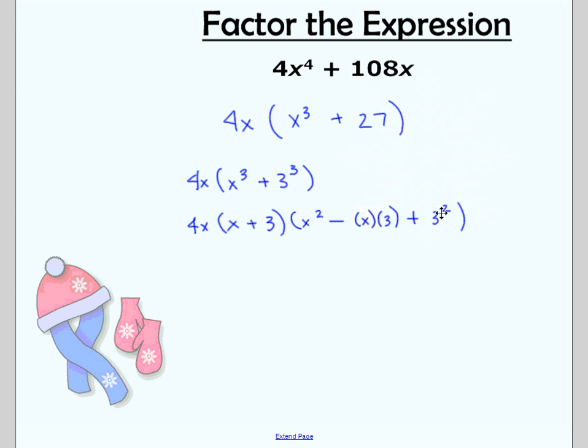Now I'm going to clean up some of this, simplify it a little bit. So I have 4x, x plus 3, and then I have x squared minus 3x plus 9. So this is my final answer if my goal is to factor completely.